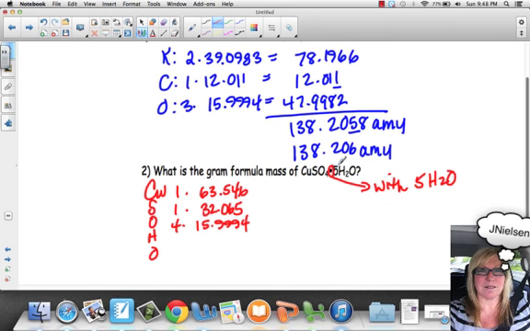H we have 5H2O, so 5 times 2 is distributive property of math here. 10 times 1.00794. And oxygen again, we have 5 oxygens. So we've got 5 times 15.9994.